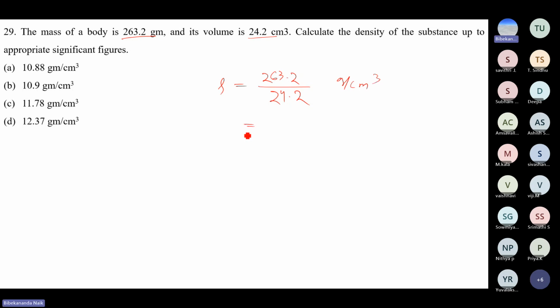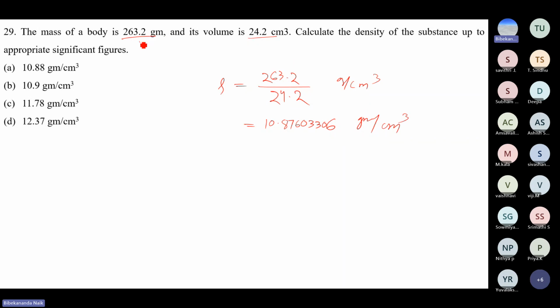When you calculate it, it will be 10.87603306 gram per centimeter cube.